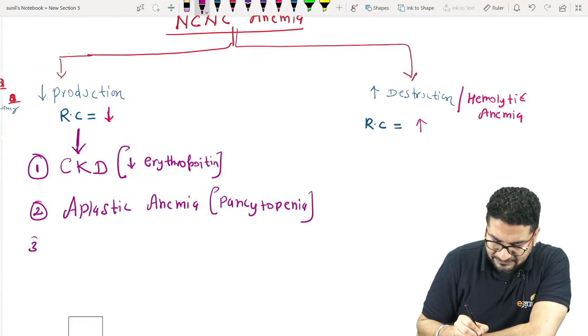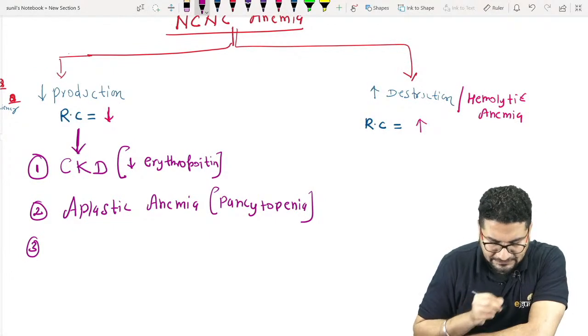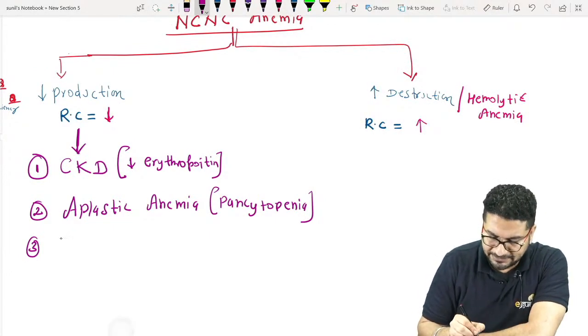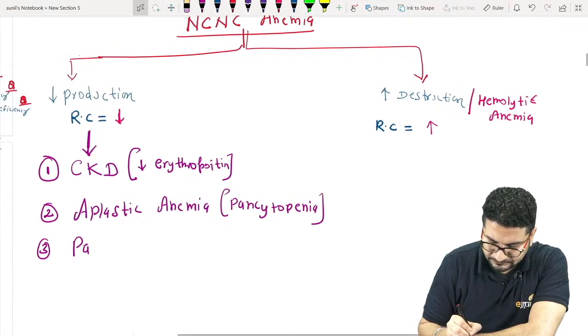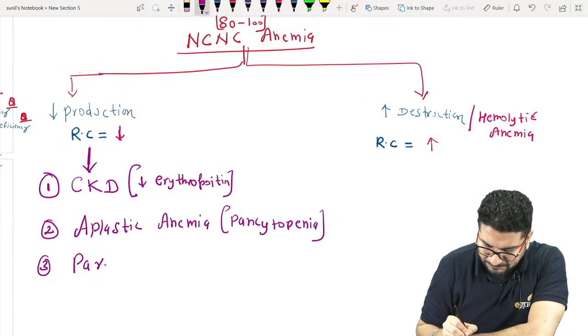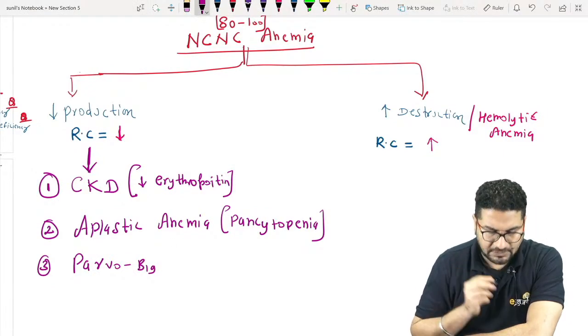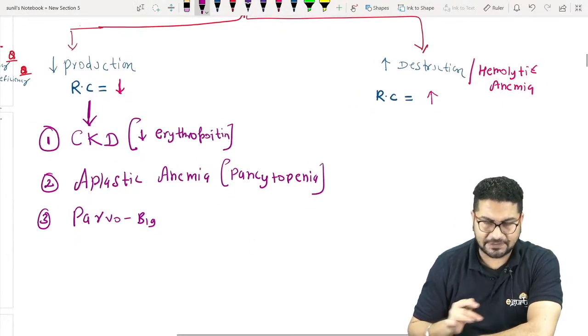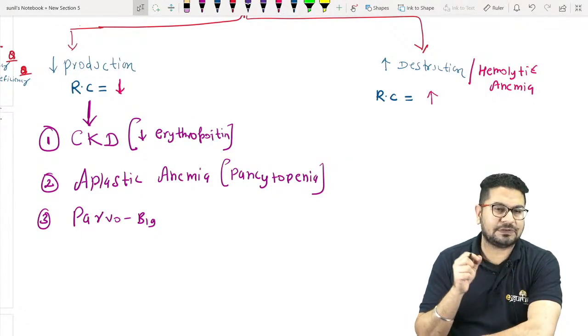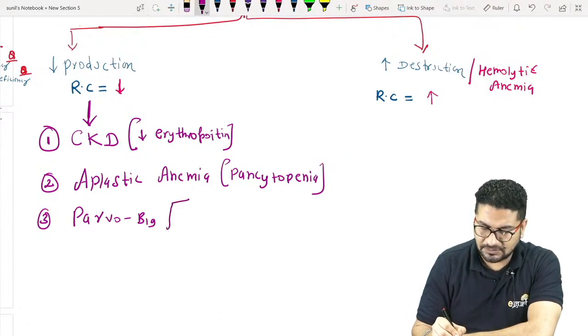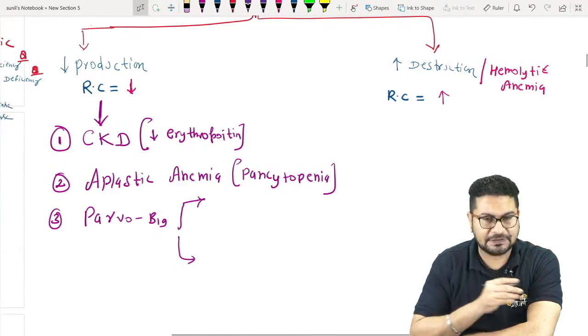There is a virus. This virus is called Parvo Virus B19. So understand this virus carefully. This virus can cause huge damage to your hematopoietic cells.